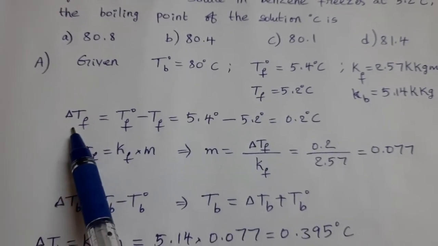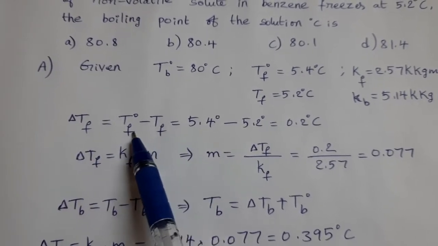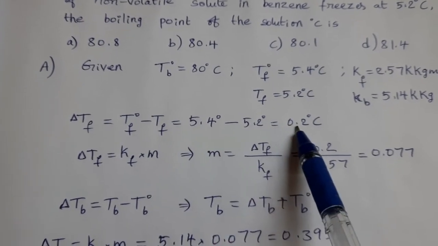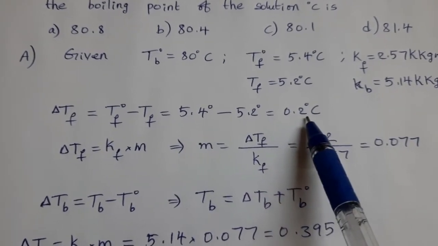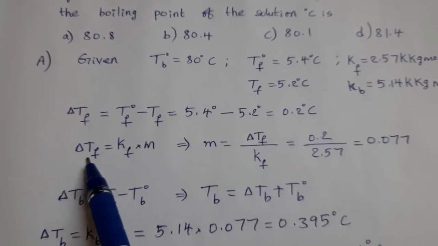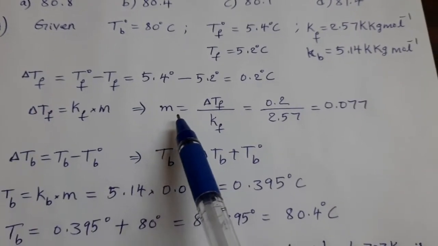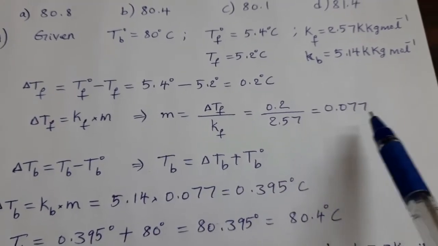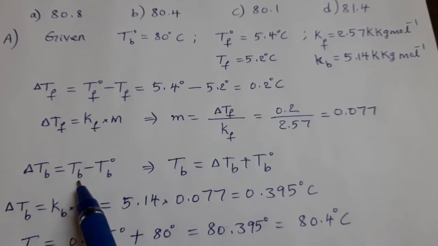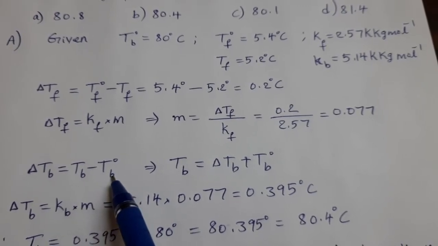From this we can get delta Tf equal to Tf naught minus Tf, freezing point of the solvent minus freezing point of the solution. Then delta Tf equal to 0.2 degrees Celsius. Delta Tf equal to Kf into m. From this molality we can find, that is 0.077. Delta Tb equal to Tb minus Tb naught, boiling point of the solution minus boiling point of the pure solvent.